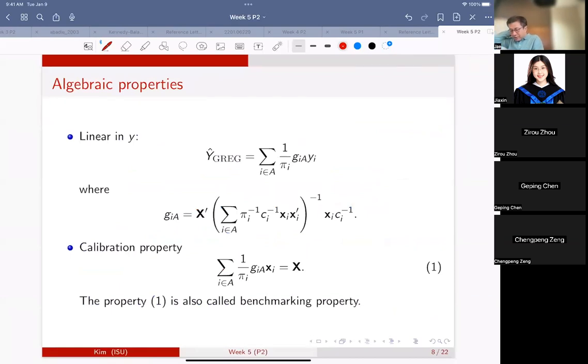So now let's investigate the properties.